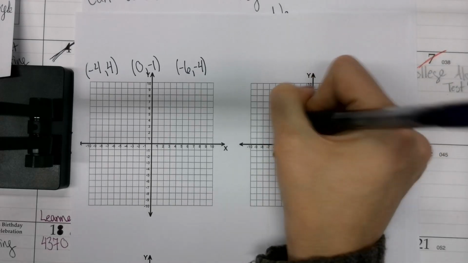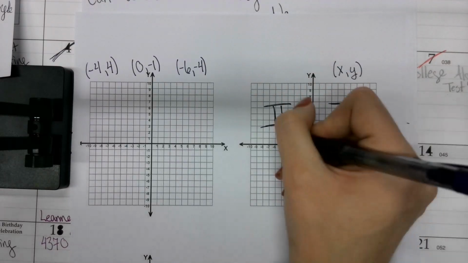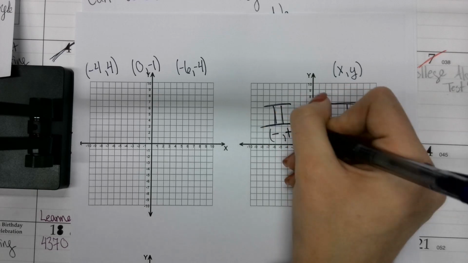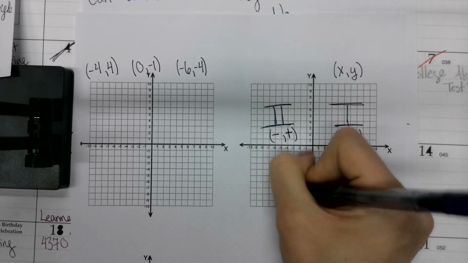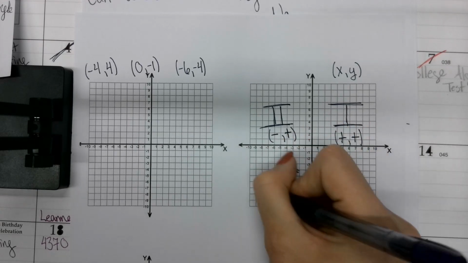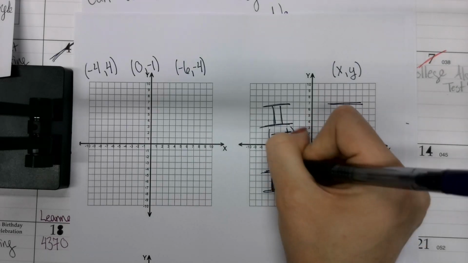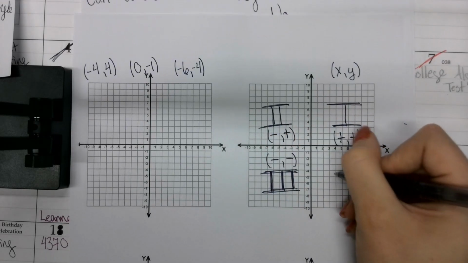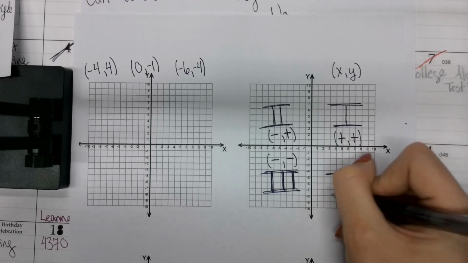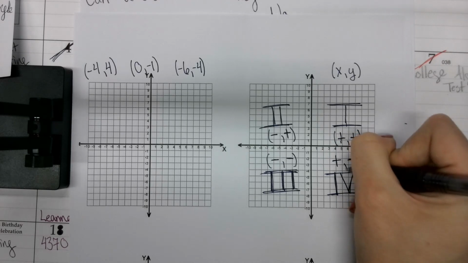Then this is our second quadrant, and over here our x is negative and our y is still positive. Then this is our third, having to make it dark, and over here we have negative x and negative y. And then in the fourth quadrant we have positive x and negative y.